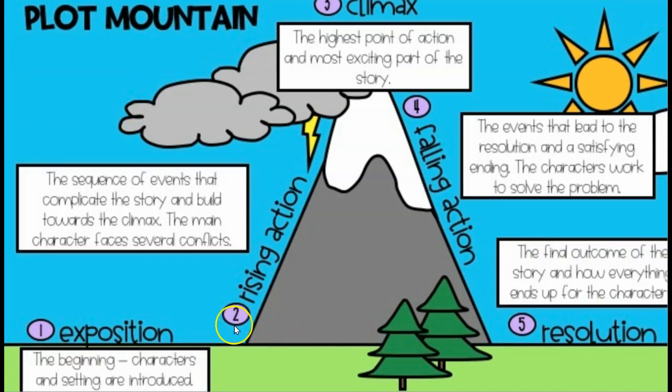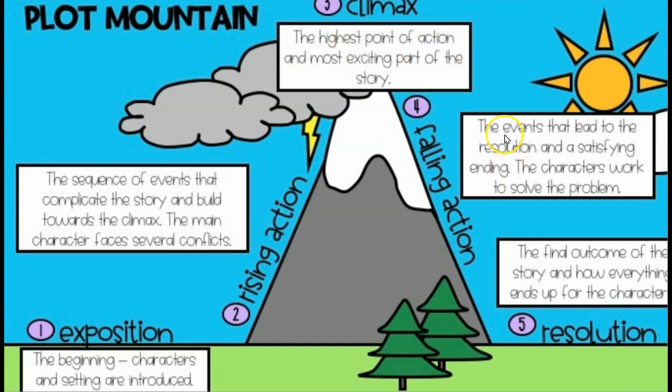So here's one that has a little bit more details. The exposition is the beginning. Characters and settings are introduced. The rising action is the events that complicate the story and build towards the climax. The main characters face several conflicts or problems. The climax at the top is the highest point of action and the most exciting part of the story.